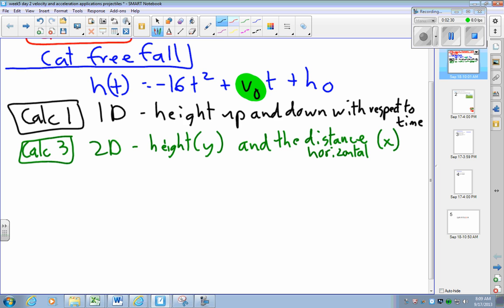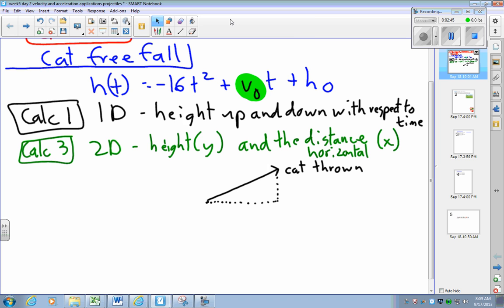If I throw the cat, so instead of dropping it, kind of a throw, you have to realize that there are a couple components to this throw. If I give you a certain angle, and let's say this is my initial velocity, then v naught cosine theta would be represented by this part, and that's the x component.